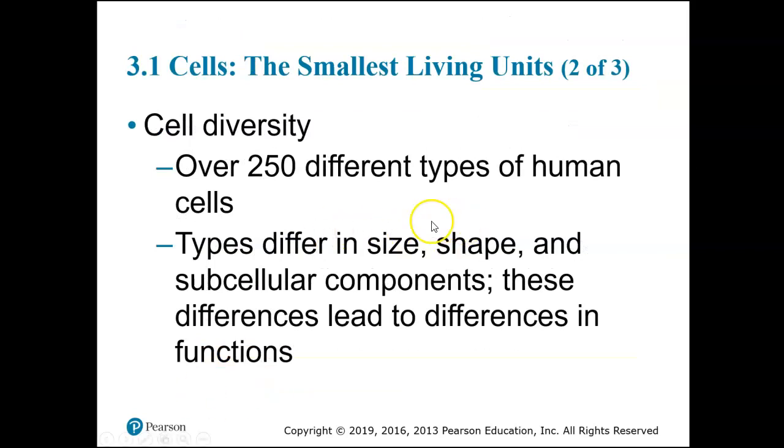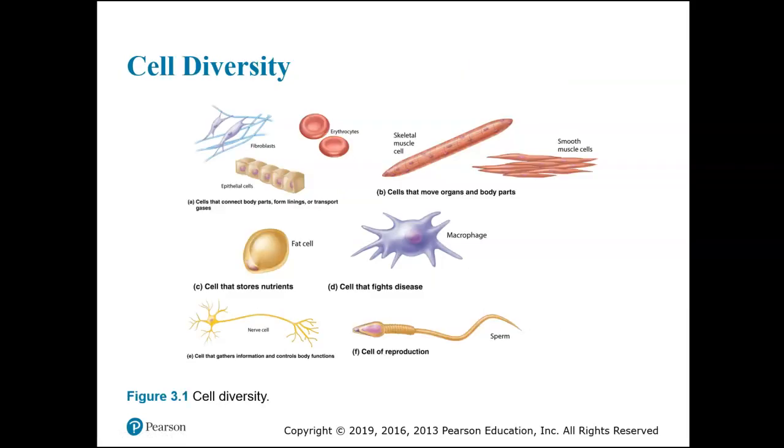It's interesting to note that there are over 250 different types of human cells, and this is just a very small sampling of those. These cells that you see in the top left are fibroblasts.